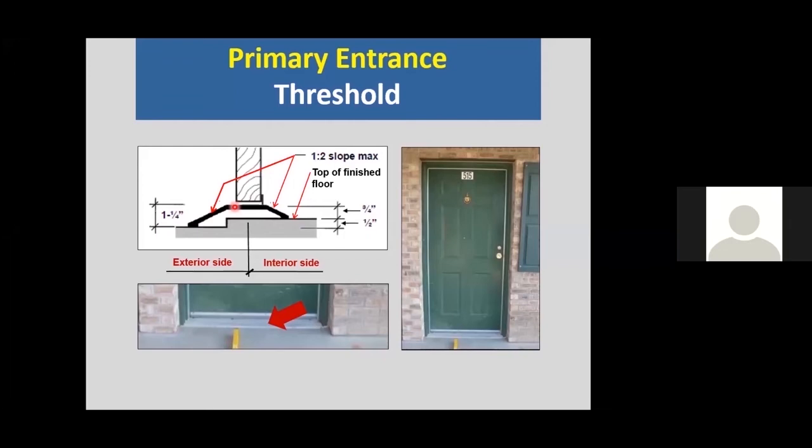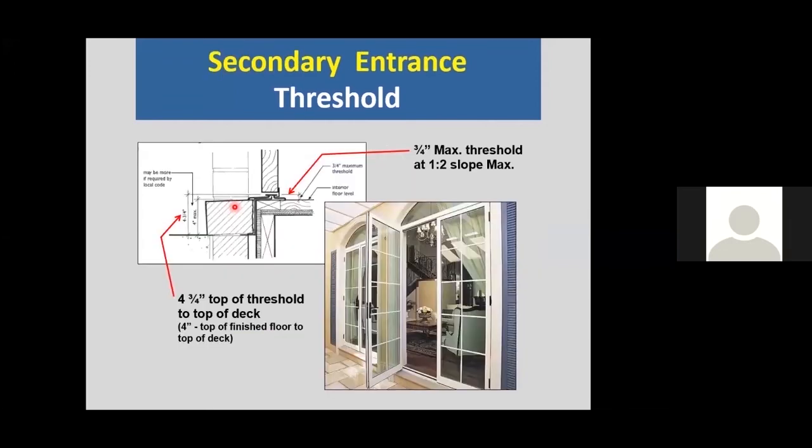At a secondary door leading to a private patio deck or balcony, the accessible route can be interrupted more than what we just looked at for the primary door. This was a recognition primarily of our coastal regions and water and rain infiltration, for instance in Florida.